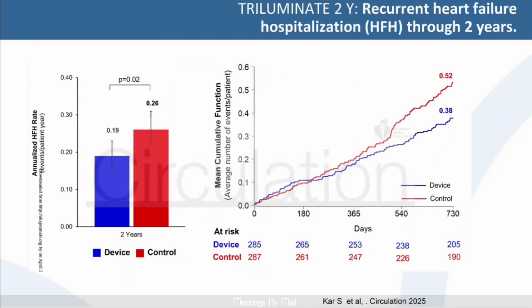Now, in this construct, which is somehow confusing, still we can see some little messages. First of all, you can see the 2 curves diverging, where the control group seems to have more rehospitalization, despite it being an intention to treat.